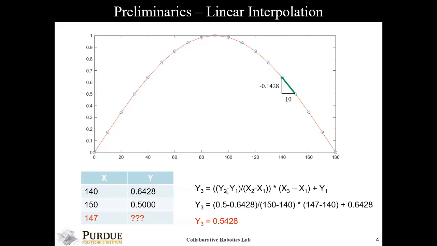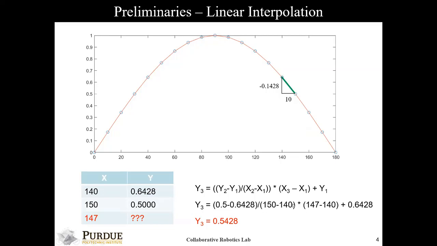By doing that, if we take a new point, 147, we subtract the beginning point, which is 140, so that number is 7, times the slope, but then we have to add back the 0.6428 to get the answer at X equals 147.